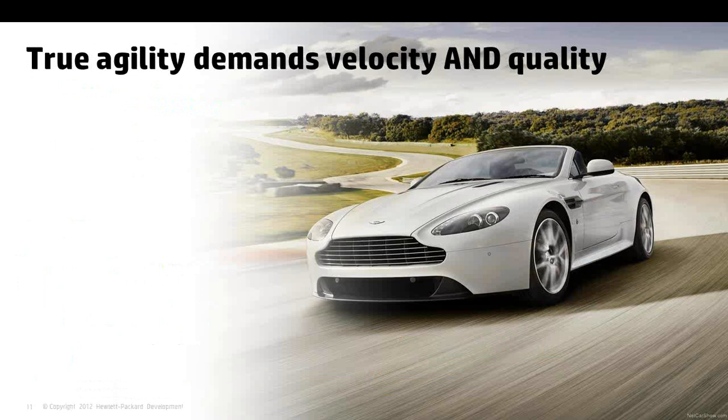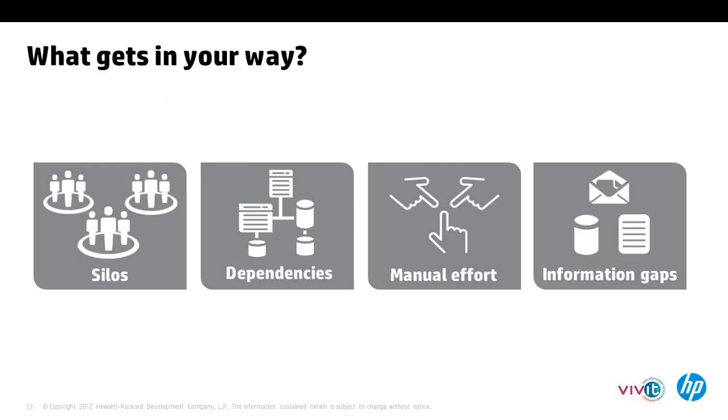And this is the fundamental premise based on which HP brings solutions to the market that you'll hear about in this presentation. So now let's start understanding what are the challenges, what are the impediments to achieving this goal of balancing velocity and quality.